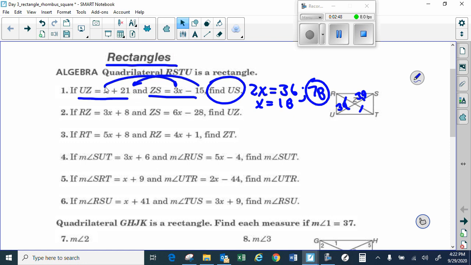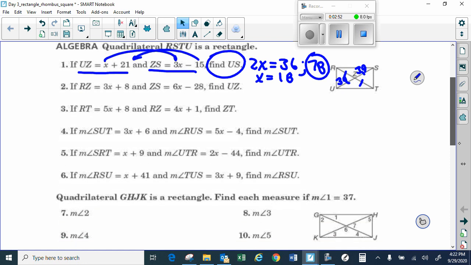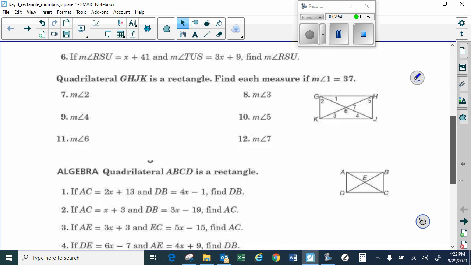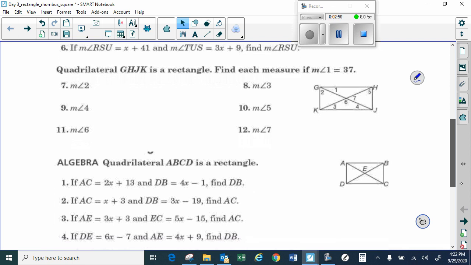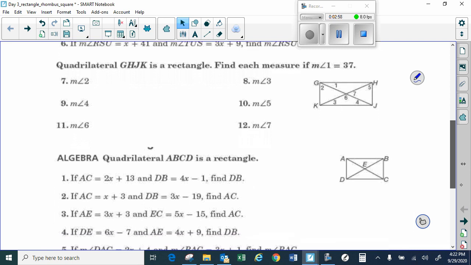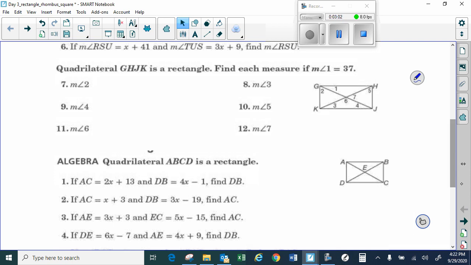Okay, so you're going ahead and using those characteristics to deal with rectangles. Down here, it's also a rectangle. So you're using it again with rectangles. Okay, remember, a rectangle is a parallelogram. So these are parallel lines cut by a transversal.